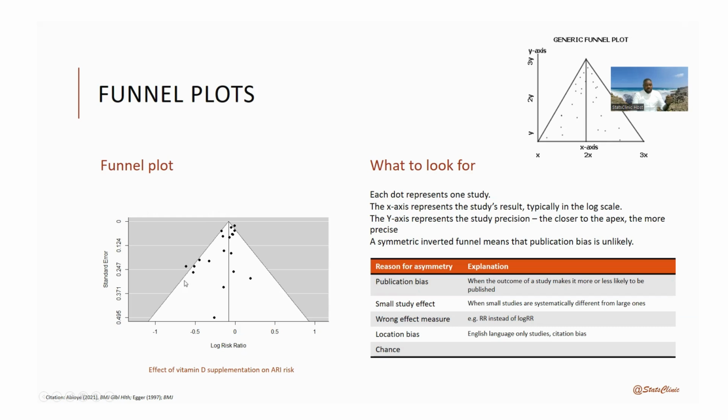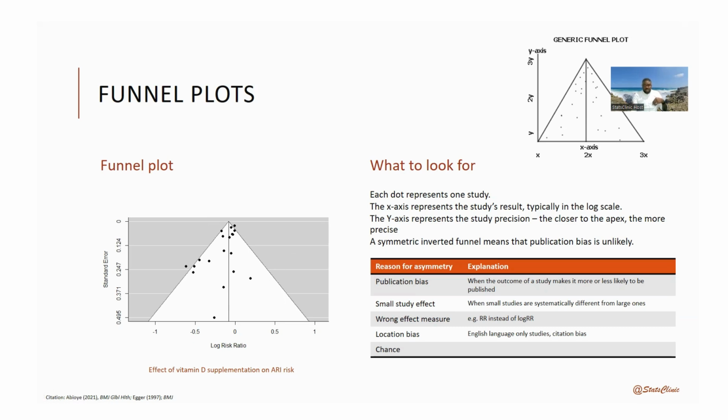And then you now have all the studies that went into the meta-analysis on either side of that vertical line, those are the ones that determine why we have this pooled estimate here, right? So if you see a funnel plot, how do you interpret it?